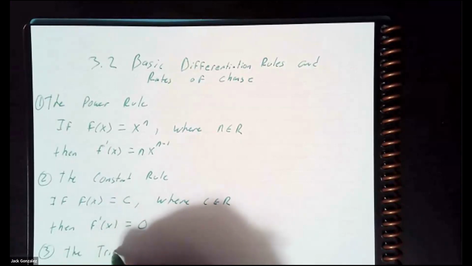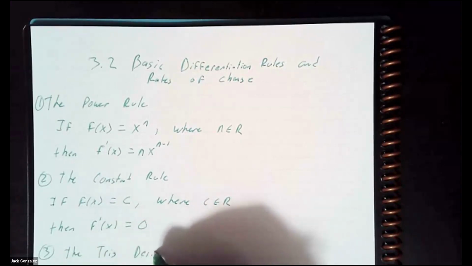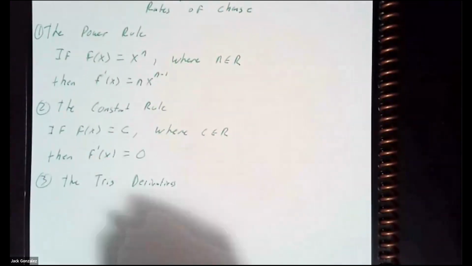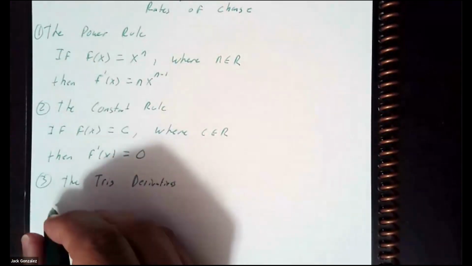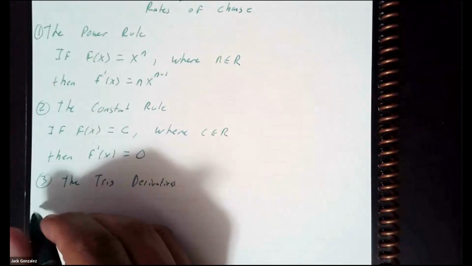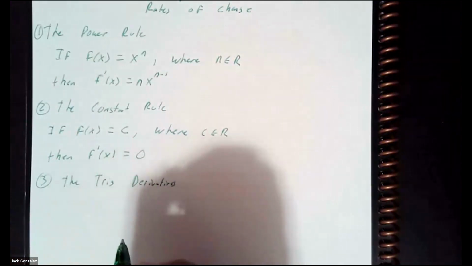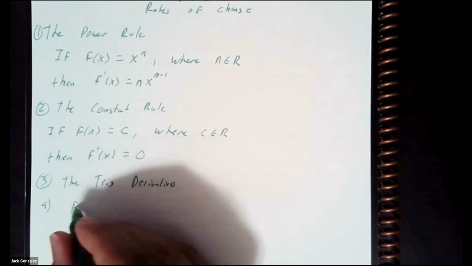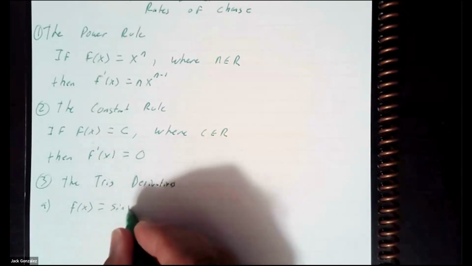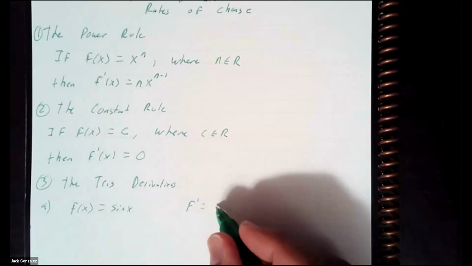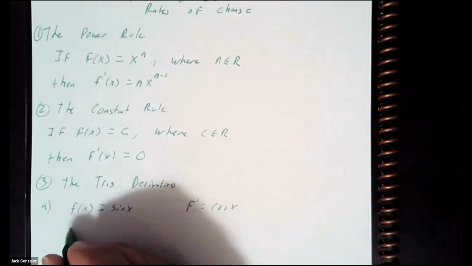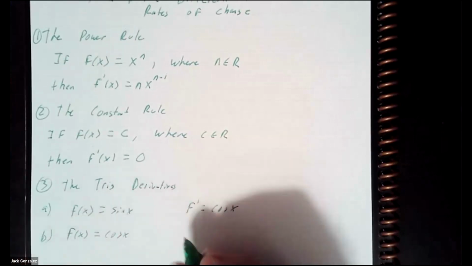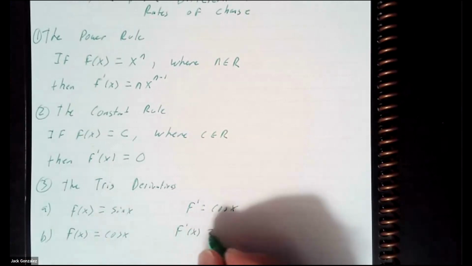The trig derivatives, let me go ahead and give them to you. If f of x is equal to sine x, then the derivative is equal to cosine x. If your function is equal to cosine, then the derivative is equal to negative sine.